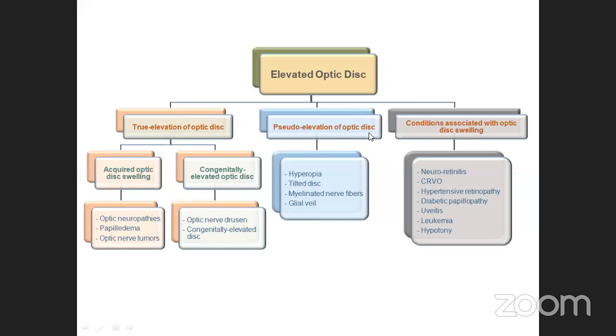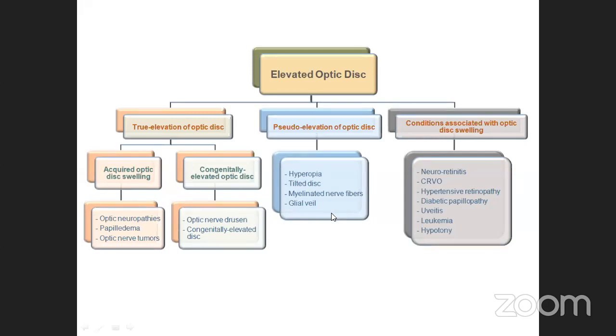Pseudo elevation of the optic disc could be due to hyperemia, tilted disc, hyperopia or hypermetropia, myelinated nerve fibers, and glial veil. In these conditions the disc is totally normal, but looks like an elevated disc. So it has a blurred margin, but it's a normal disc.